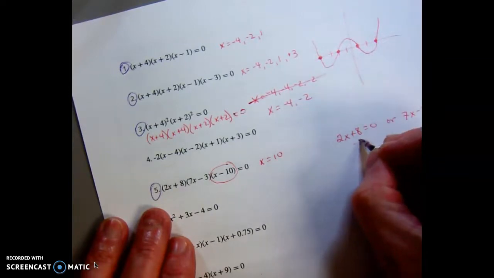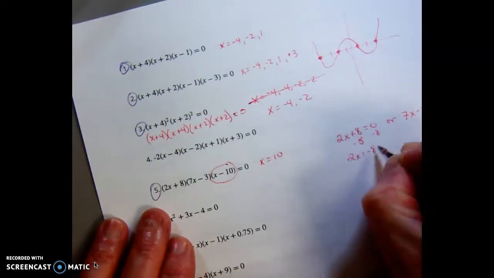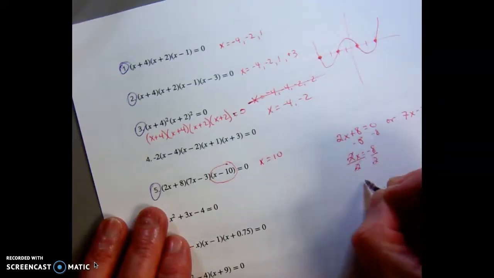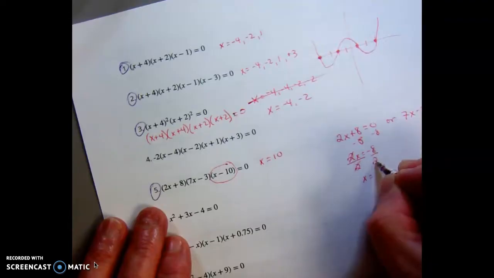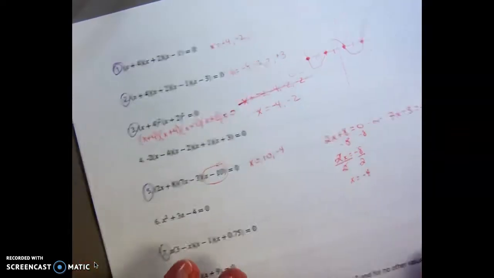We'll subtract the 8 from both sides, so 2x equals negative 8, and then we'll divide by 2. So x equals negative 8 divided by 2, which is negative 4. That one worked out to a nice whole number.